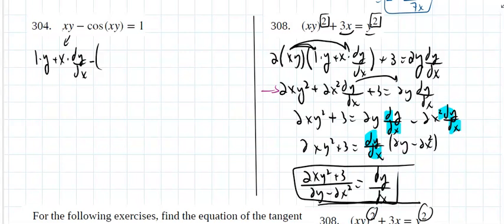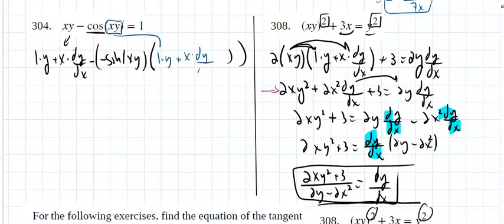Now here, derivative of cosine is negative the sine of xy by the chain rule times the derivative of the inside, and that is, we just did the product rule, derivative of the first times the second plus the first times derivative of the second. And of course the right side, derivative of a constant is 0.